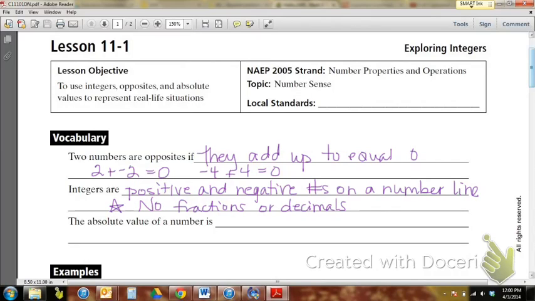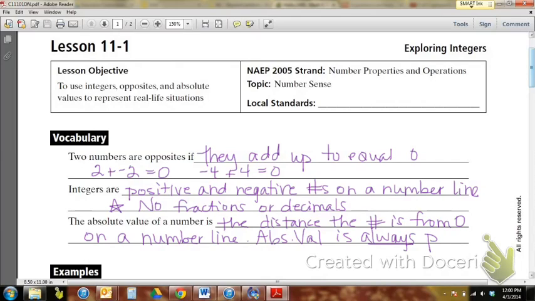The absolute value of a number is the distance the number is from 0 on a number line. Absolute value is always positive because it's distance.